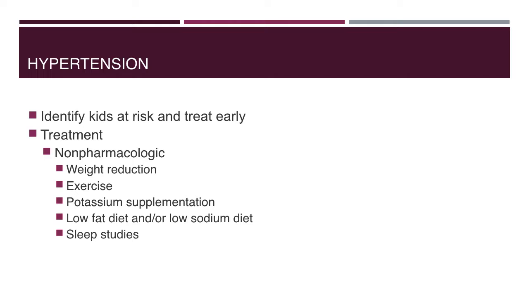The treatment initially is to go non-pharmacologic with weight reduction, exercise, potassium supplementation, low-fat diets, and or a low-sodium diet, and sleep studies to make sure that they don't have sleep apnea, because just like with adults, many cases of hypertension are caused by sleep apnea and that hypoxia that occurs as part of the sleep apnea.